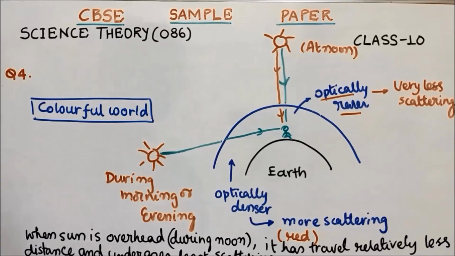Hence, all the colors are visible to the observer. So the sun appears white. That is the answer you have to write.